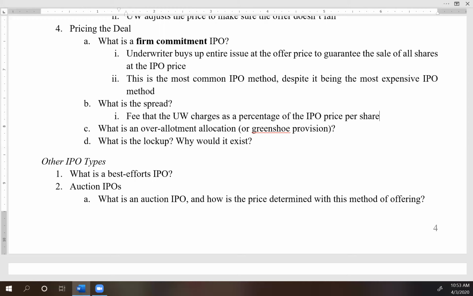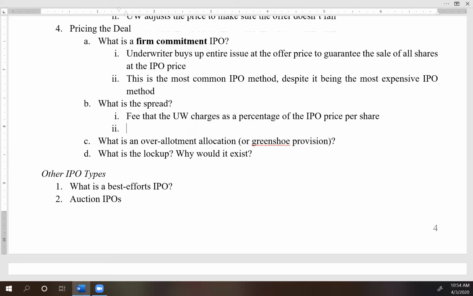And so, this spread is something that you would see on the prospectus for the issuing firm. Part of what you'll see is actually that the proceeds that the share issuer gets are slightly below the offer price.